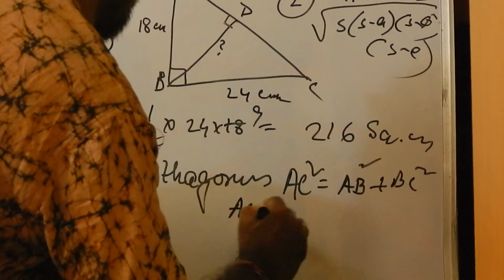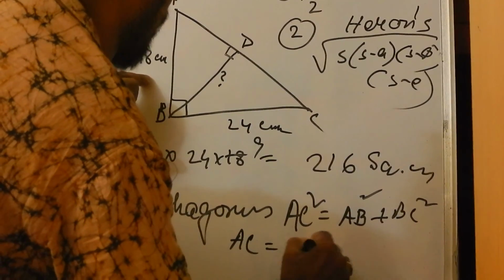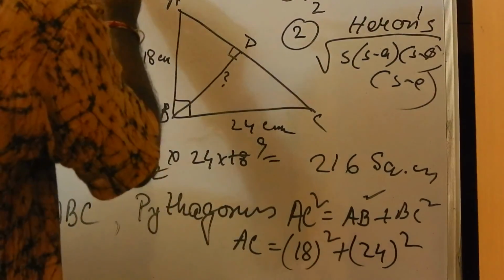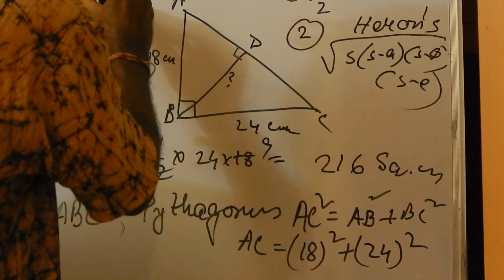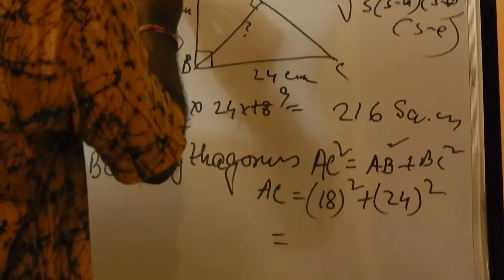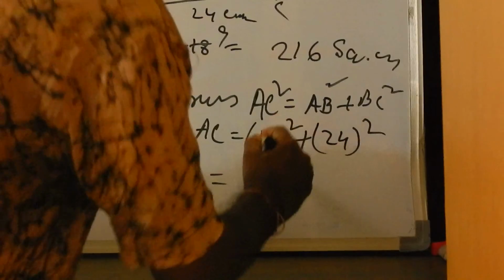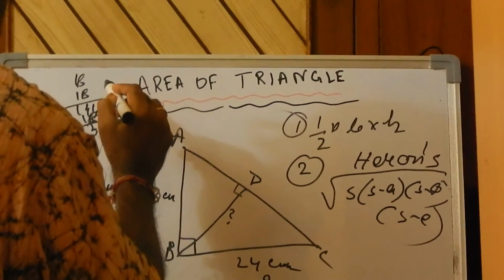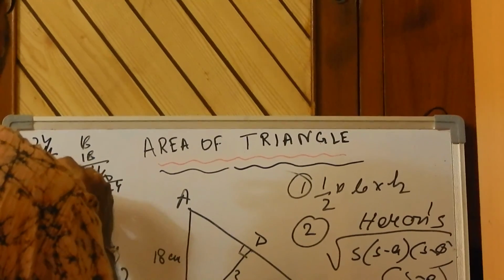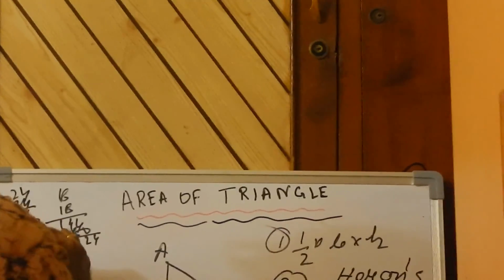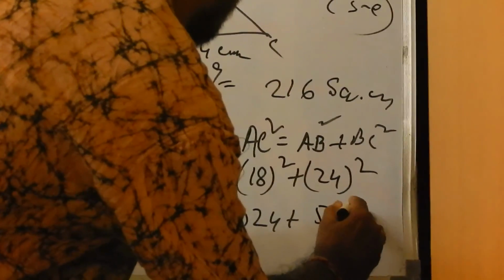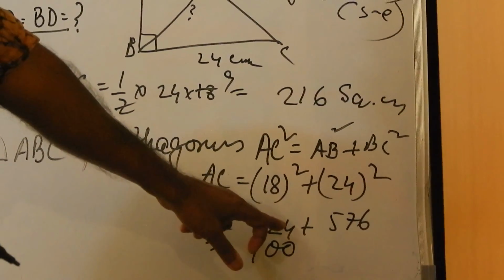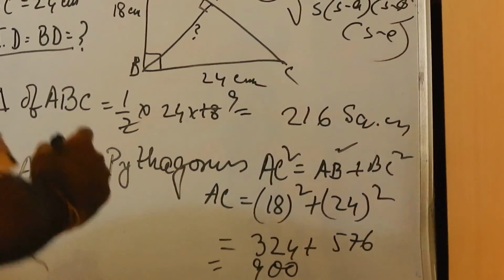So AC square equal to AB 18 square plus BC 24 square equal to 324 plus 24 into 24, 576, equal to 900. 18 square 324 plus 24 square 576 equal to 900.